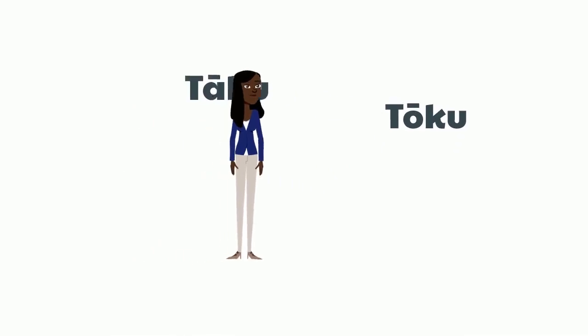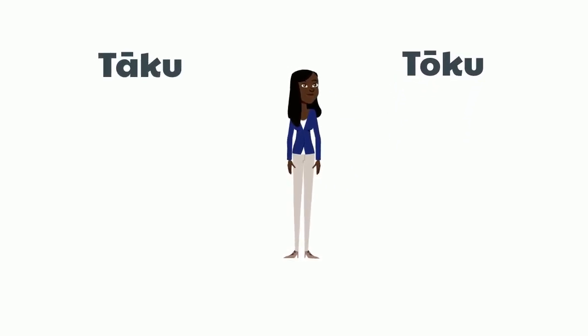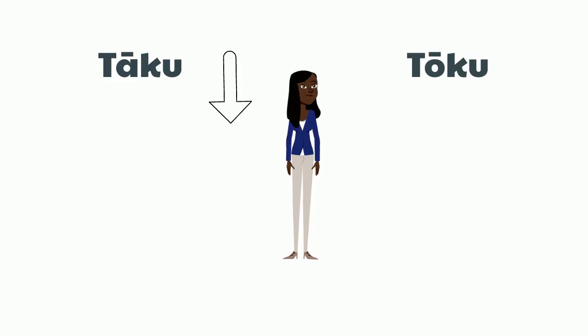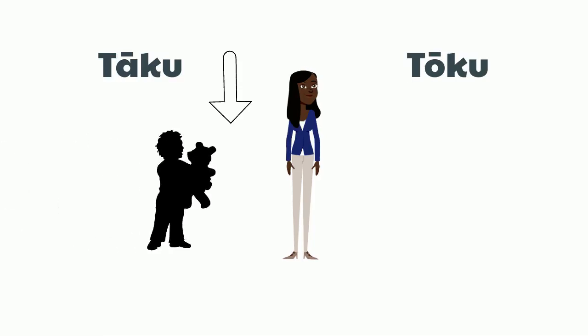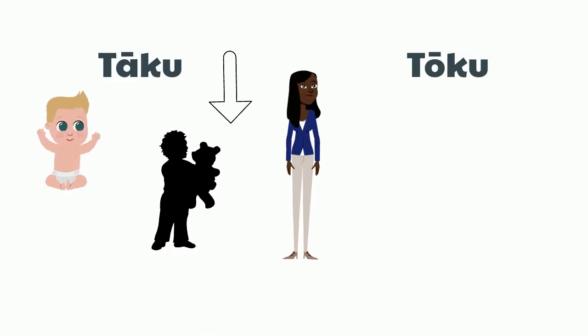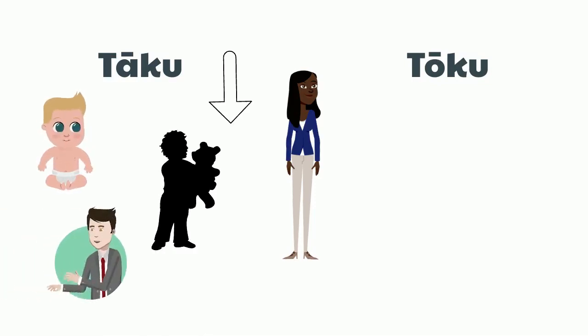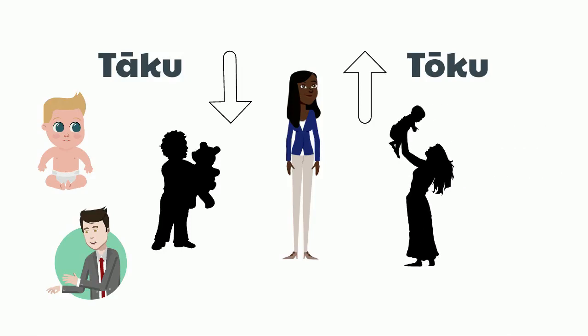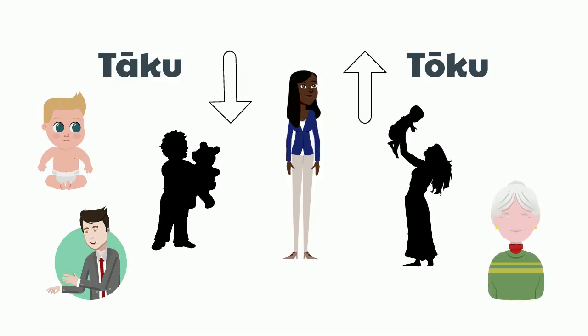When talking about people, tāku is generally used for people who are younger than us, like younger siblings, children, and also workers in inferior positions. Tōku is generally for people who are older or superior to us, like older siblings, parents, the elderly, and also your boss.